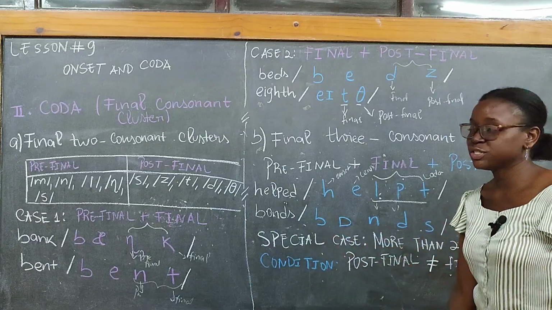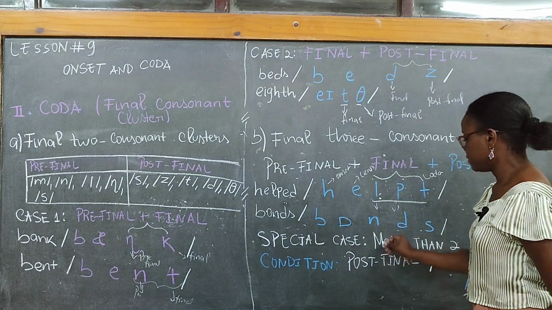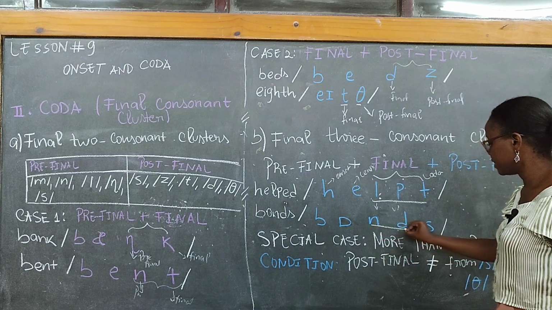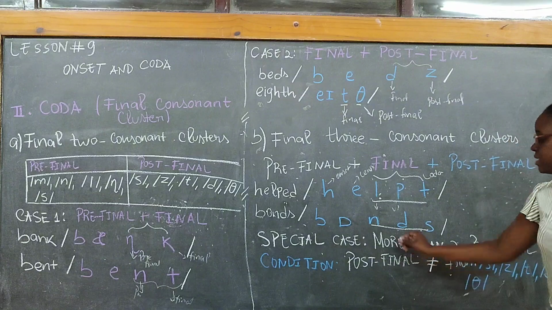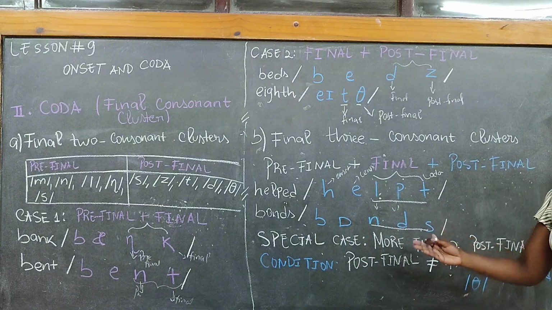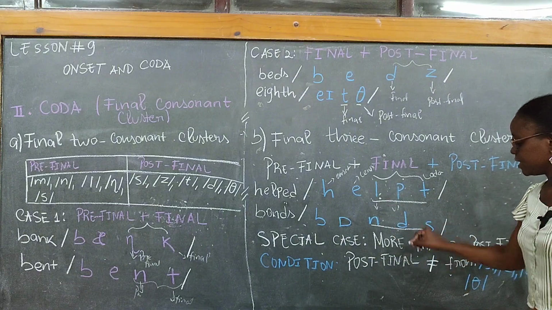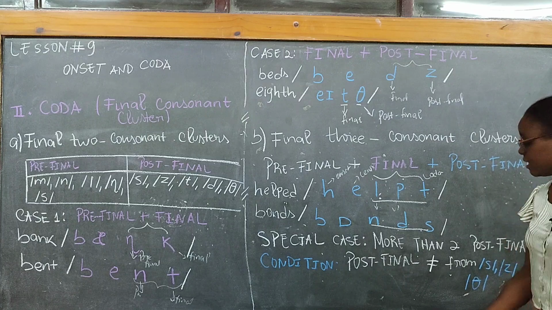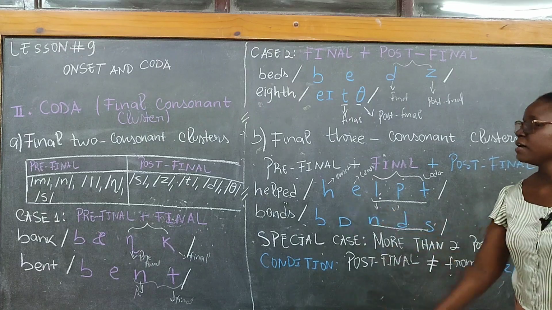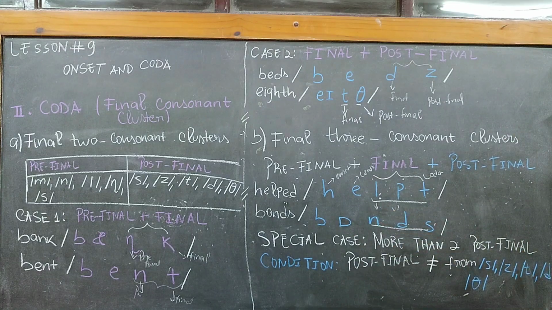The same happens to buns. We have na, da, and s. Na is a pre-final consonant, da is the final, and s is post-final.